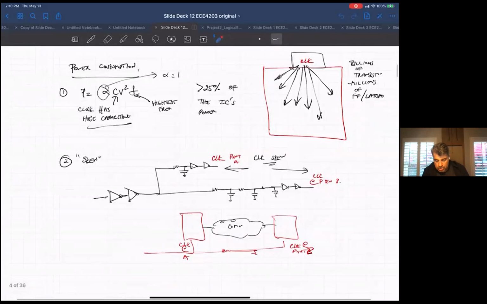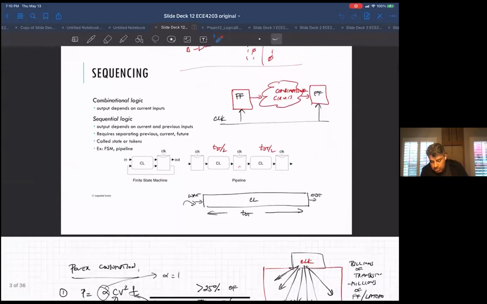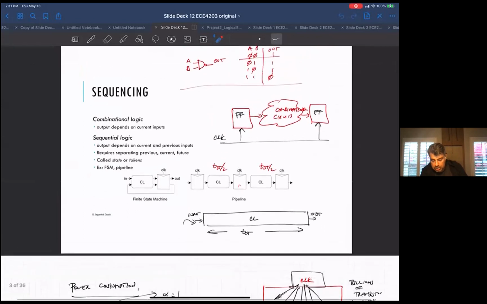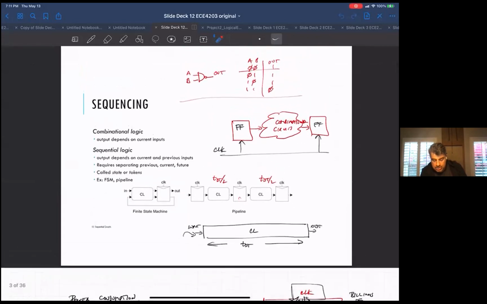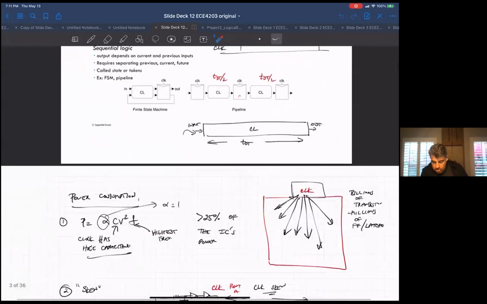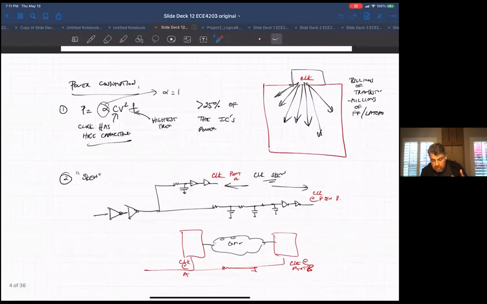So we need to look at what these sequential circuits look like. They're flip-flops and latches essentially. I mentioned how they tend to be really power hungry. The clocking network in your chip is probably taking up at least 25% of the total power consumption of your chip, because there's a huge load on your clock.